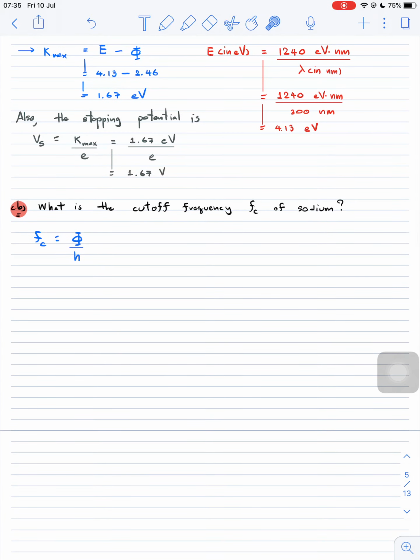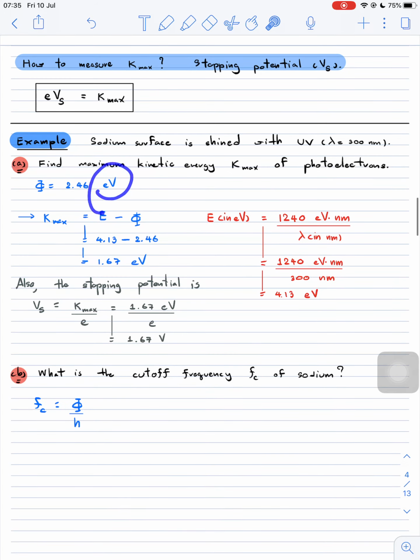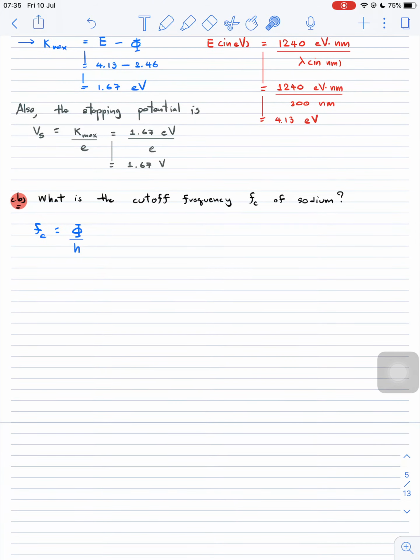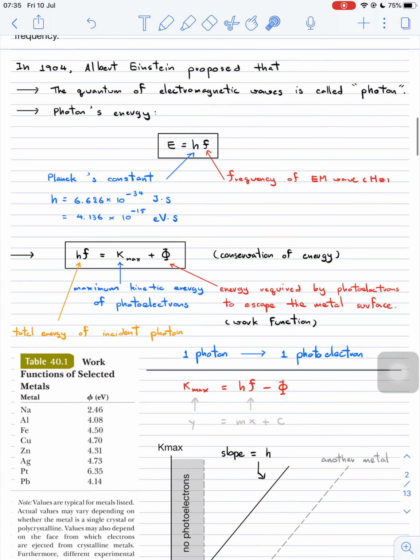Now we have the work function in the unit of electron volts, but we want to find the frequency in hertz, which is 1 over second. So in this case, let's use the Planck constant in the unit of electron volts times second, which is this one.